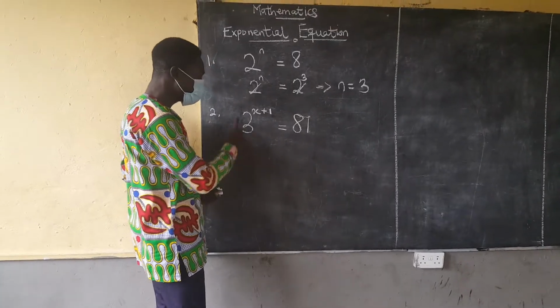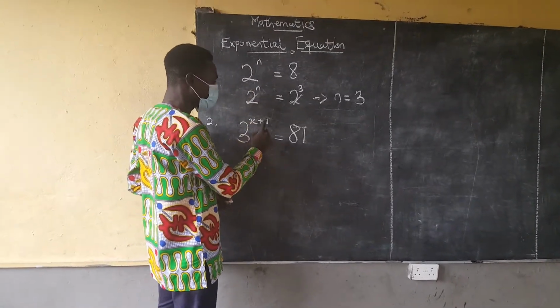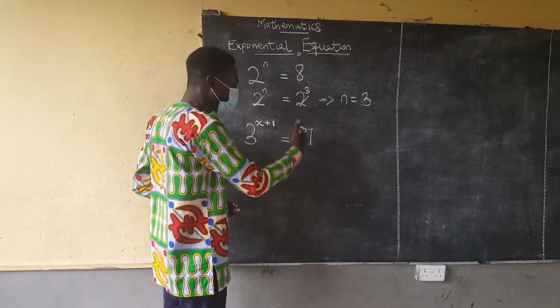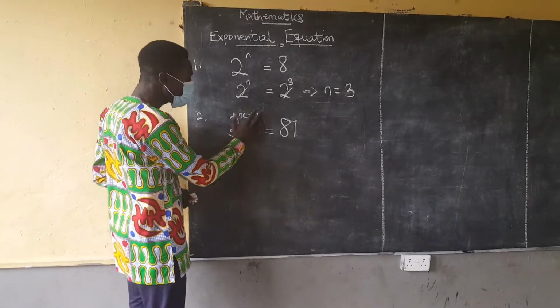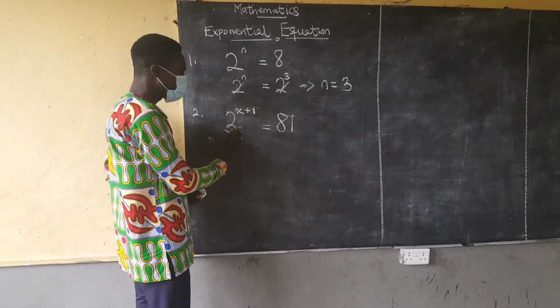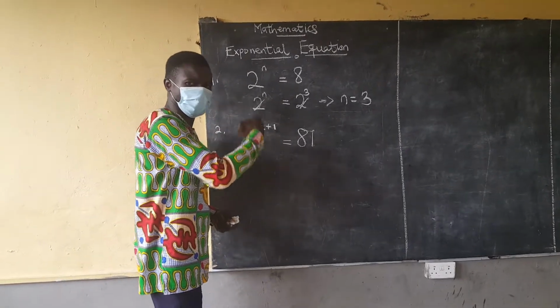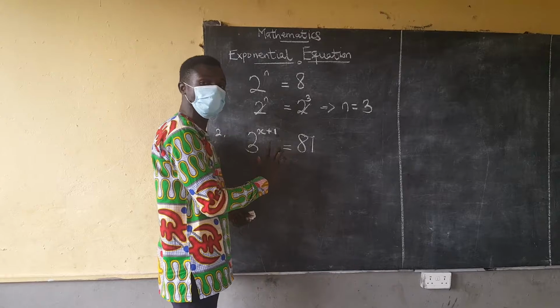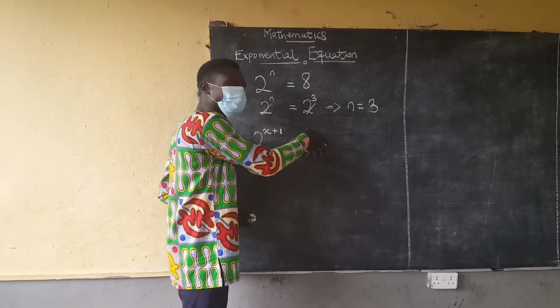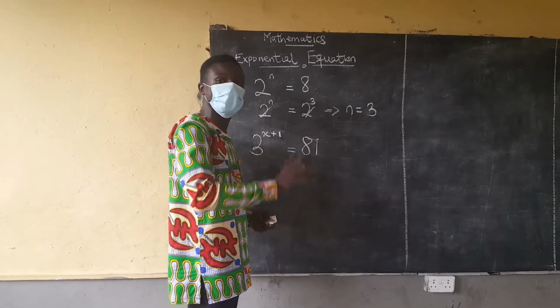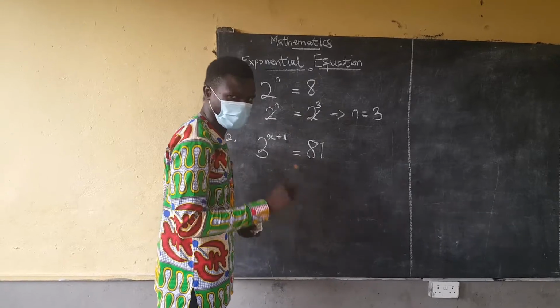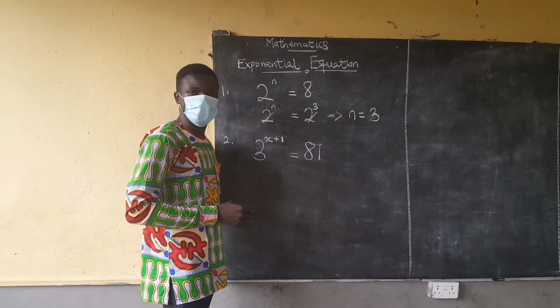When you look at the left hand side, the base here is 3. Because the base is 3, we have to make sure that we write this number in an exponential form with a base of 3.